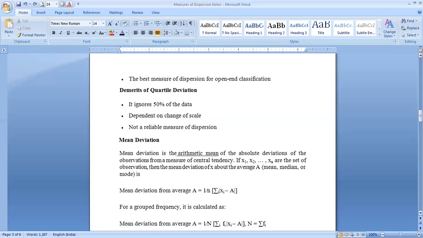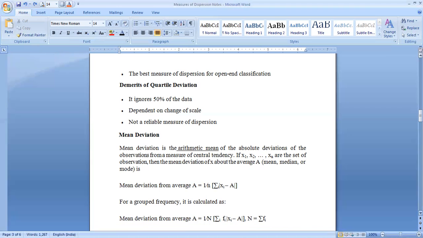So the formula is 1 upon N, where N represents the total number of data, summation of fi into modulus xi minus A. Here fi represents the frequency, xi represents the data, and A represents the average value by which the mean deviation is to be calculated.